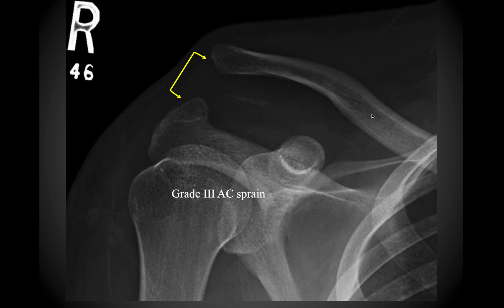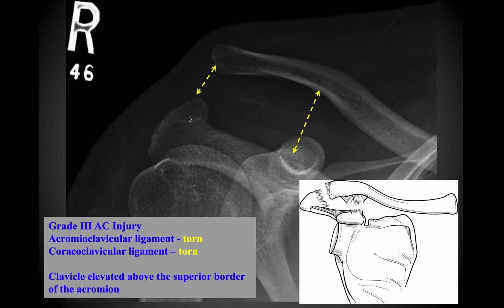So clearly the clavicle's in a different horizontal plane than the acromion process. And so that indicates a very severe, grade 3 acromioclavicular injury. And so again, in this case, not only has the joint capsule been torn, but so has the coracoclavicular ligament. And that's what this image down here is demonstrating.